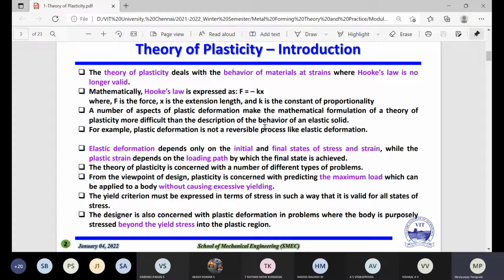A number of aspects of plastic deformation make the mathematical formulation of the theory of plasticity more difficult than the description of the behavior of an elastic solid. If you remember, I mentioned FEM analysis or any kind of simulation analysis. In the ancient or old times, we didn't have that kind of simulation or software, so every time we had to go for a basic experiment.